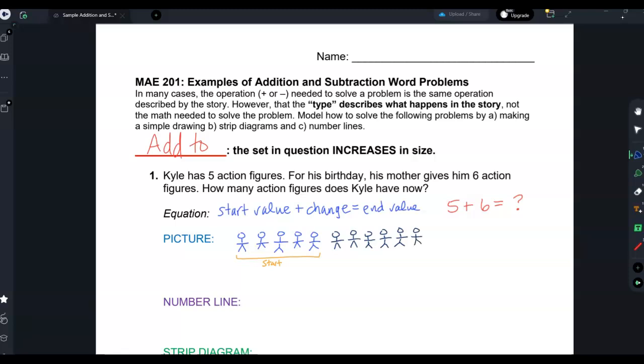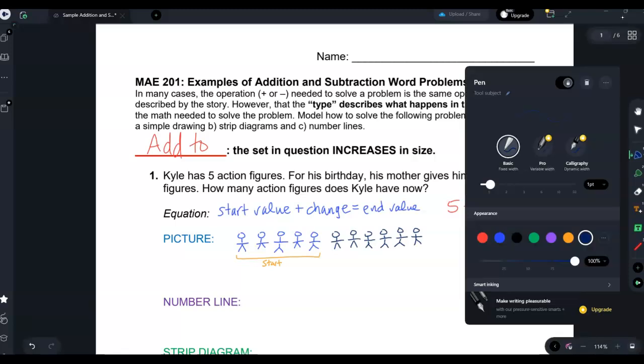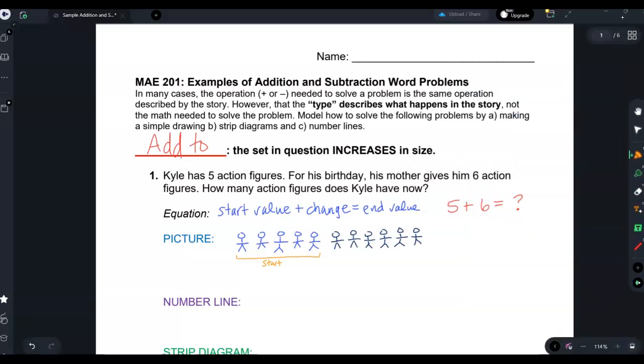Six. So that is what his mom gave. And so then how could I find the total? Well, I could just go through and count, right? Or have a student go through and count 1, 2, 3, 4, 5, 6, 7, 8, 9, 10, 11. And we would get that, of course, by adding.